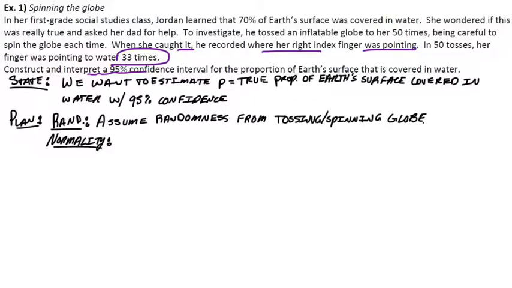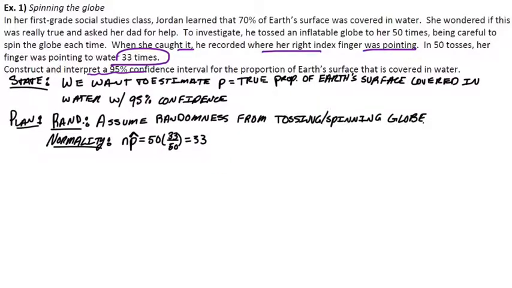How about normality? Can we assume that the sampling distribution would be normal? And remember, that's the large counts condition. So we're looking at n p hat and n(1 minus p hat). They both have to be at least 10. So n was 50, and then p hat would be number of successes. So I guess the ones that landed in the water would be 33 out of 50. So 50 times 33 out of 50. What do you know? 33.